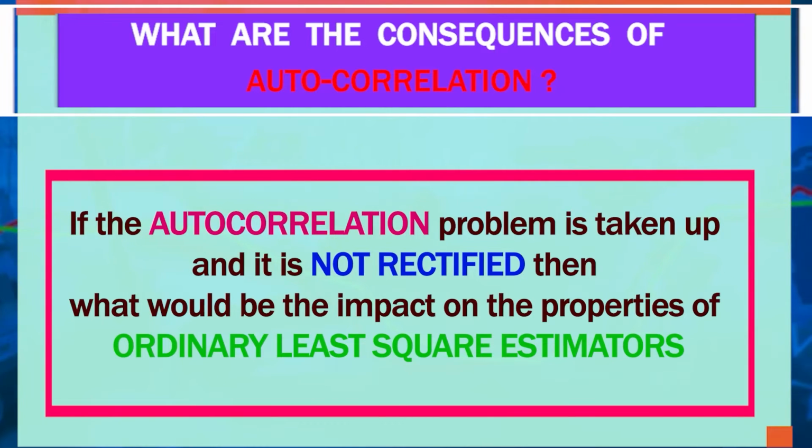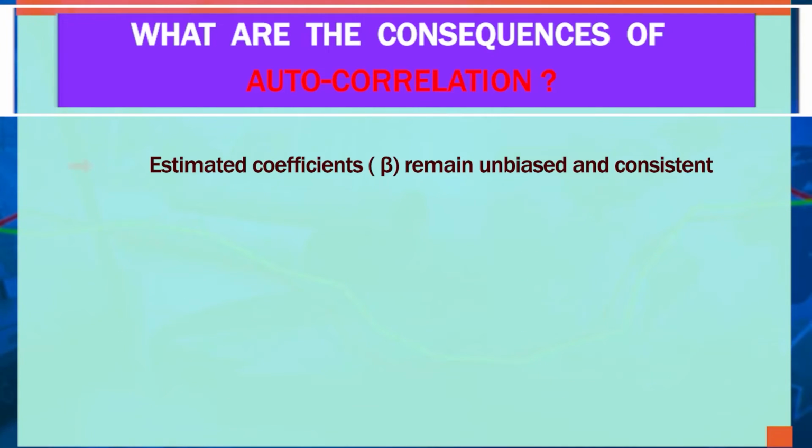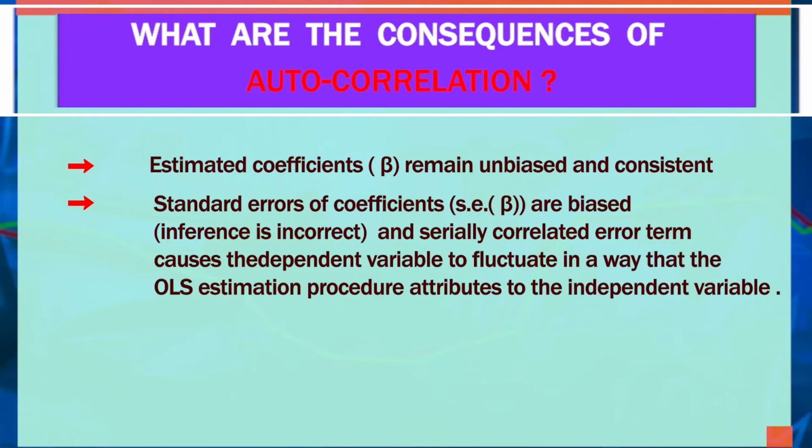As a whole, we can identify the major impacts: estimated coefficients will remain unbiased and consistent. Just like the ideal properties of OLS, it will again retain the unbiasedness property as it did in heteroscedasticity, and also consistent. Standard errors will be biased, and so inference will be very difficult.